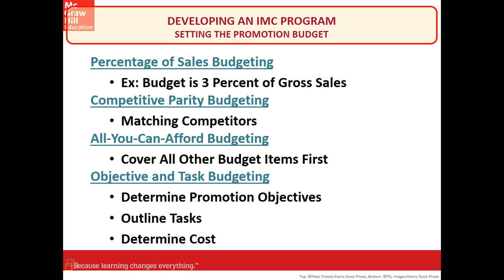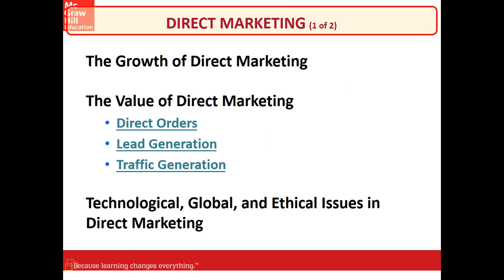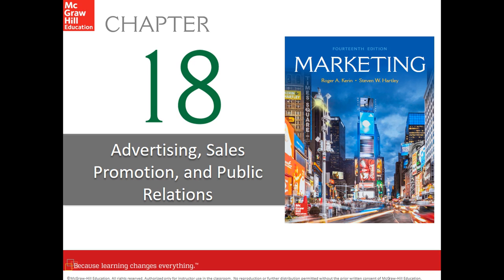You can use percentage of sales, you can use competitive parity, you can use all you can afford, or use objective and task budgeting. Make sure you understand those. Then we talk about direct marketing, the growth of direct marketing, the value of direct marketing. What's direct order? What's lead generation? What's traffic generation? That's chapter 17.